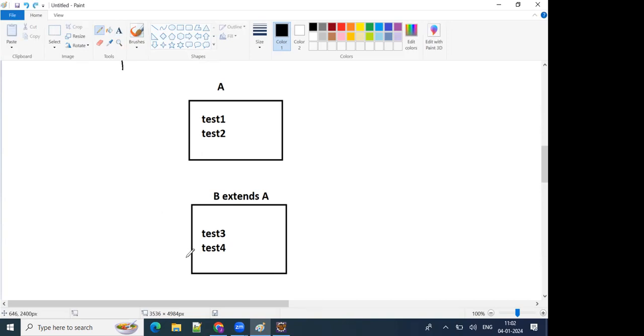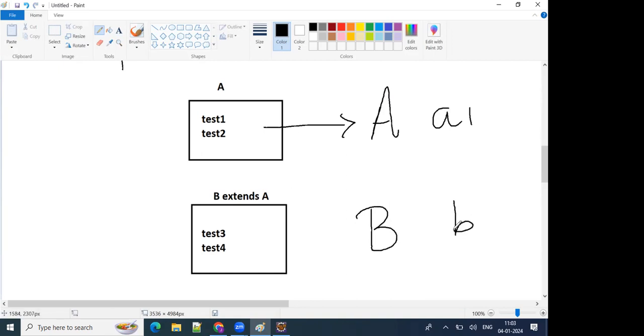Now A1 is a derived variable, and B1 as well. A1 can hold an A object, B1 can hold a B object.